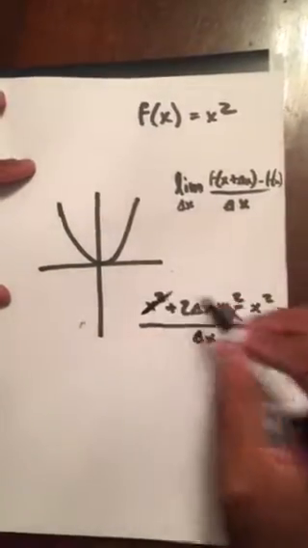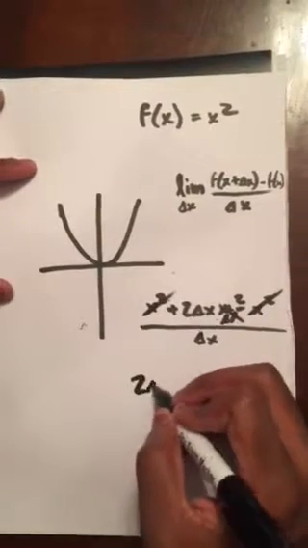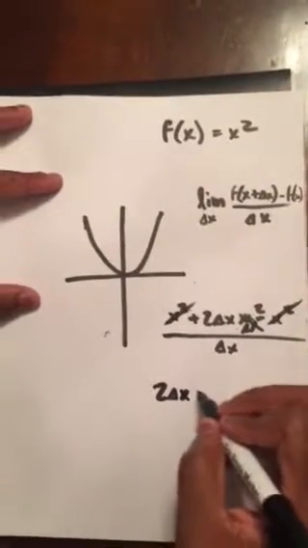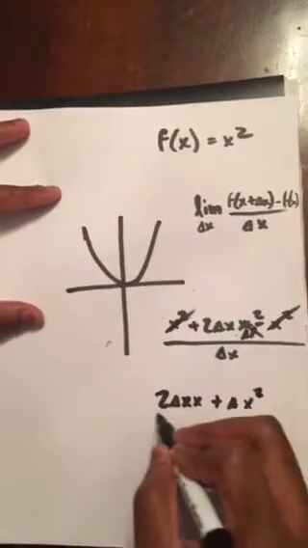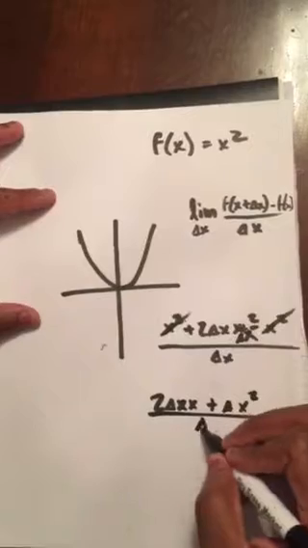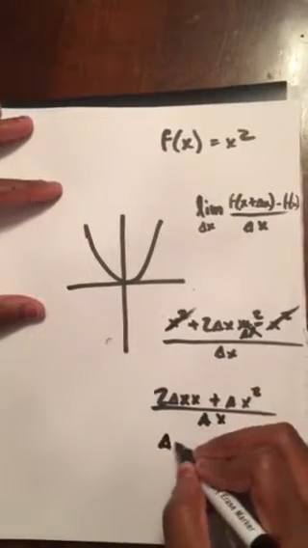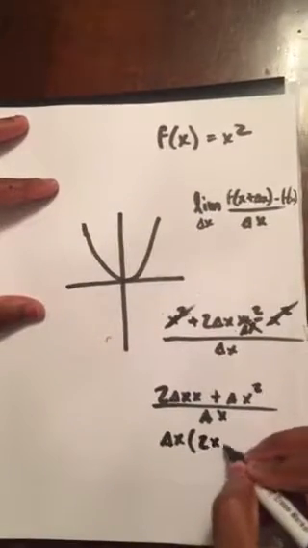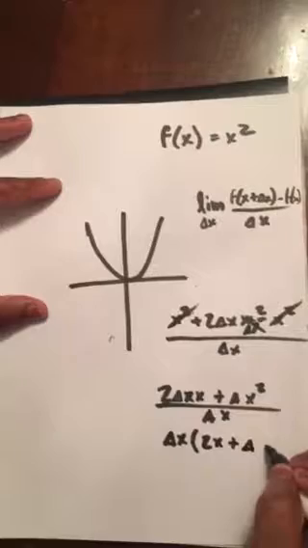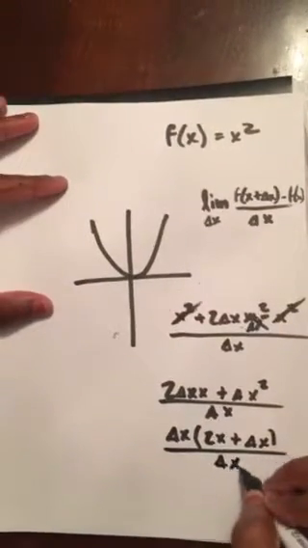So these two x squareds will cancel out, leaving us with 2x delta x plus delta x squared divided by delta x, and we're going to factor out the delta x, leaving us with delta x times 2x plus delta x, divided by delta x.